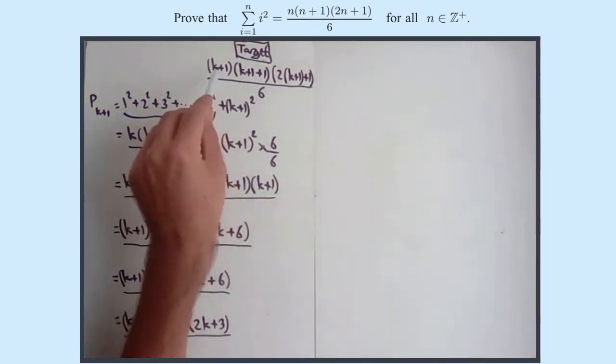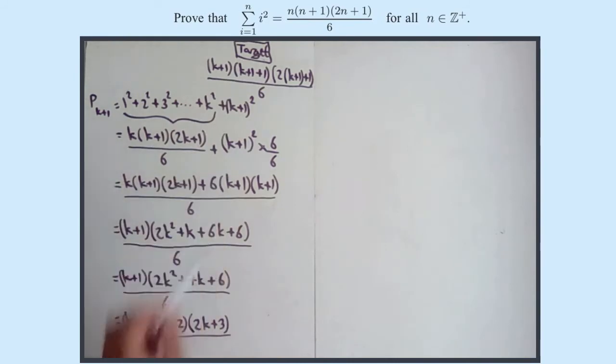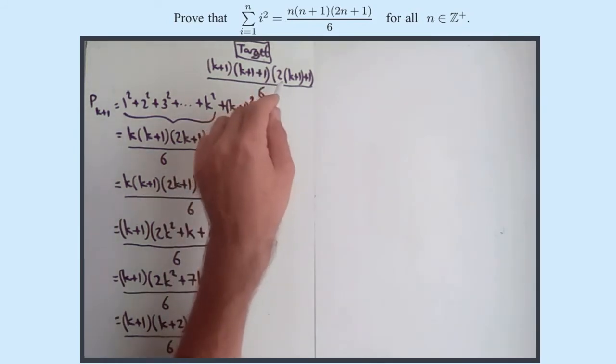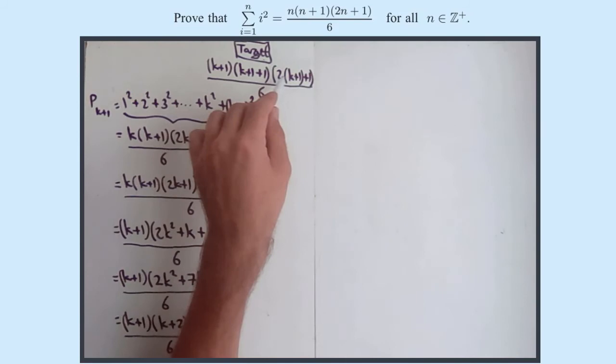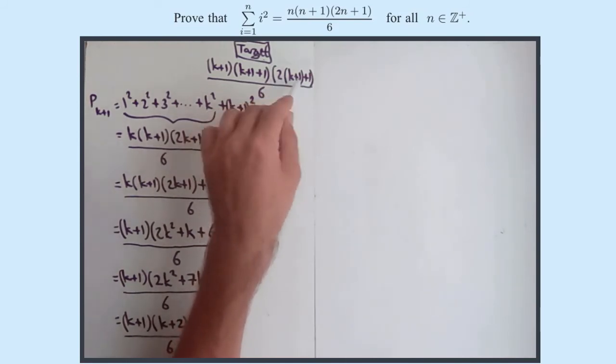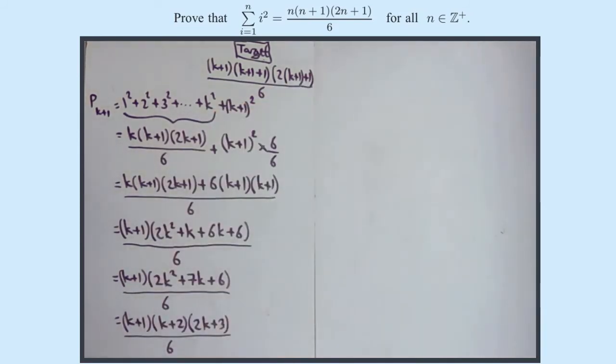So now remember what our target is, which is really quite handy, it's still written up here. We're looking for k plus 1, k plus 1 plus 1, well k plus 2 could be written as k plus 1 plus 1, and then 2 bracket k plus 1 plus 1. Well, 2 bracket k plus 1 is 2k plus 2, and then if you add on the 1, that's going to give you the 2k plus 3.